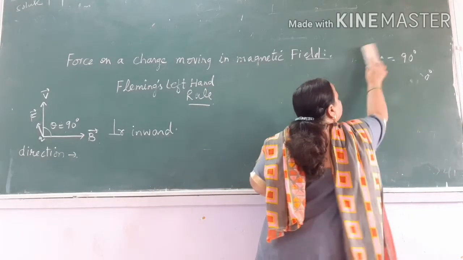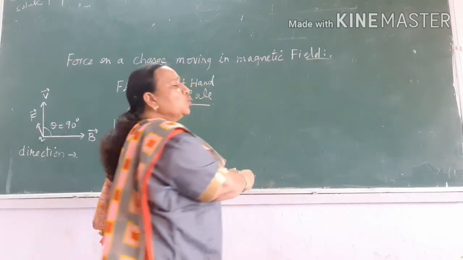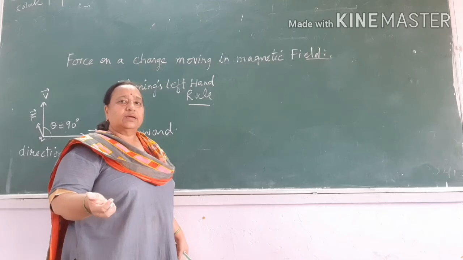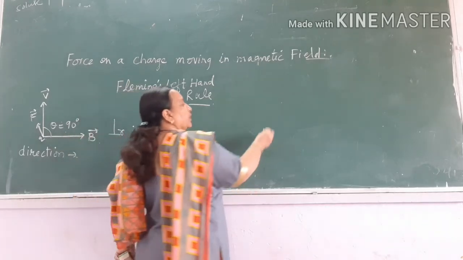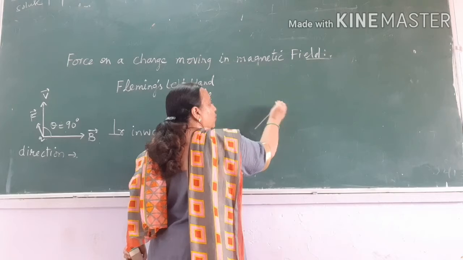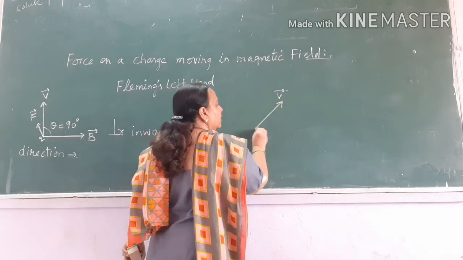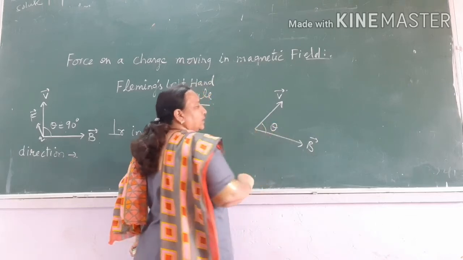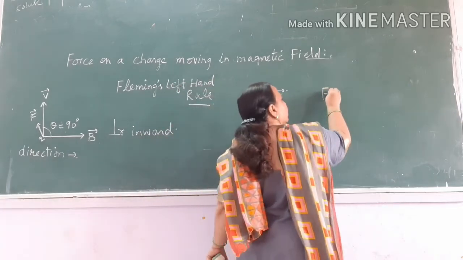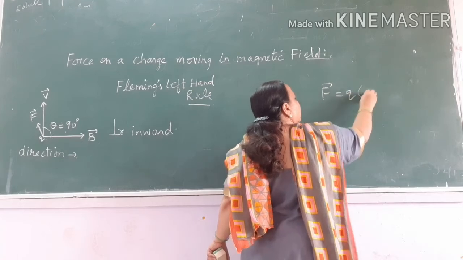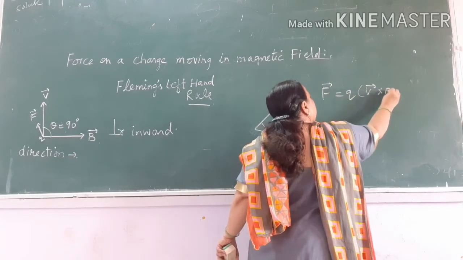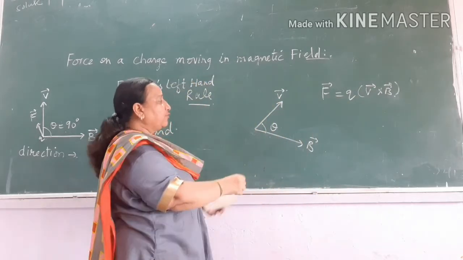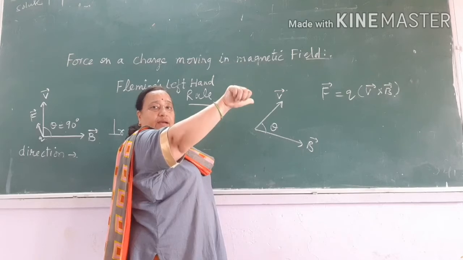When two vectors are inclined at an angle theta, we use the right-handed screw rule or the right-hand thumb rule. So, if this is the velocity vector, suppose v, and this is the direction of B, suppose they are making an angle theta, then the force is given by F vector is equal to q into v cross B. So, the direction can be found by using the right hand thumb rule.